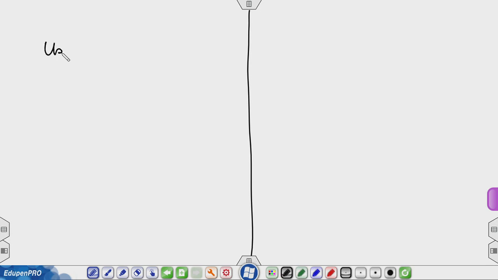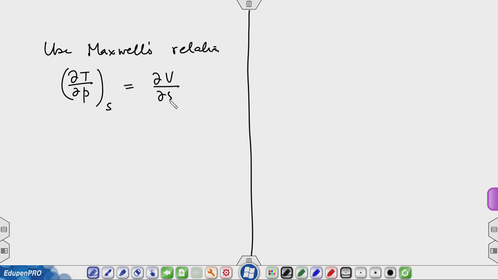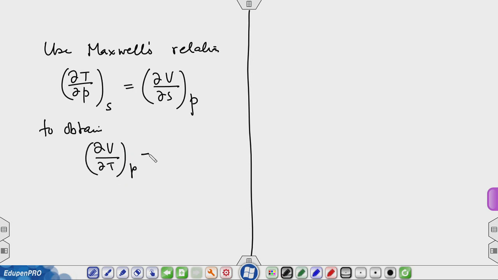That is, use Maxwell's relation, partial T partial P at constant S equals partial V partial S at constant P, to obtain partial V partial T at constant P equals minus partial S partial P at constant T. This is another Maxwell relation, which of course I'll obtain through another thermodynamic potential later.